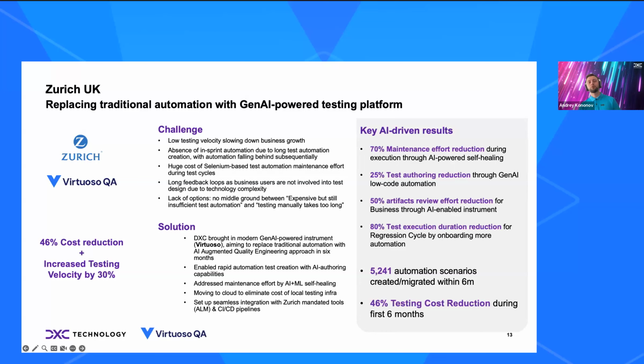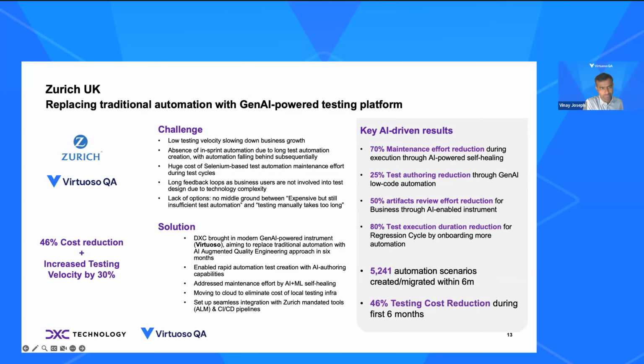So that was the challenge back then, and I think Virtuoso played really well in this case because it helped to address the most important things. The time, the effort and the resources it takes to create automation in the first place became significantly reduced with Virtuoso, which allowed them to quickly grow the scope of automation.